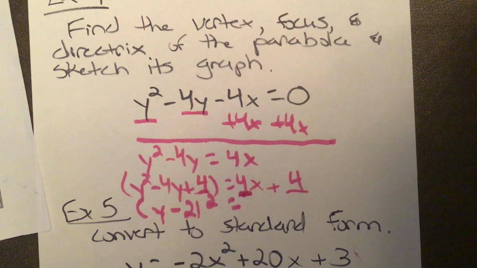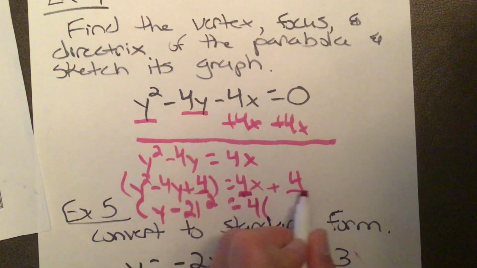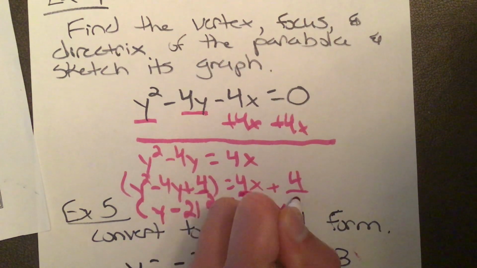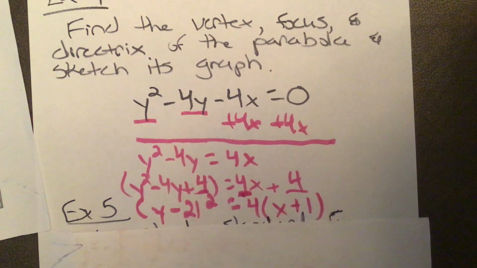It's kind of like a GCF, but it has to be whatever the coefficient of the x is. So I'm going to factor the 4 out of both of these, and that's going to leave me with x plus 1. Okay, so that's the completing the square. This is my equation. And now we need to graph it.